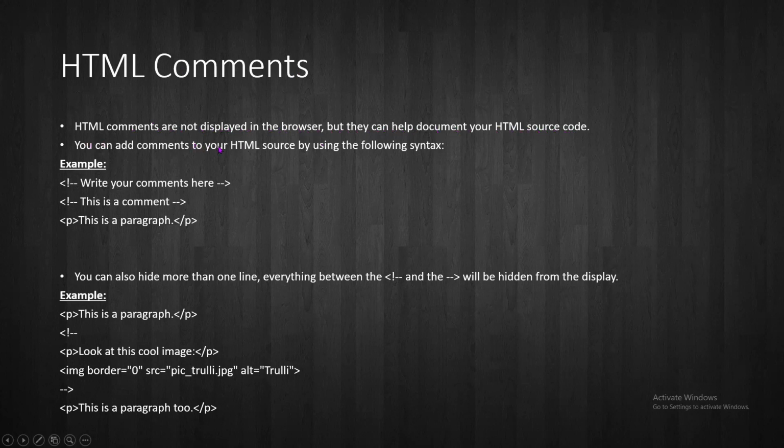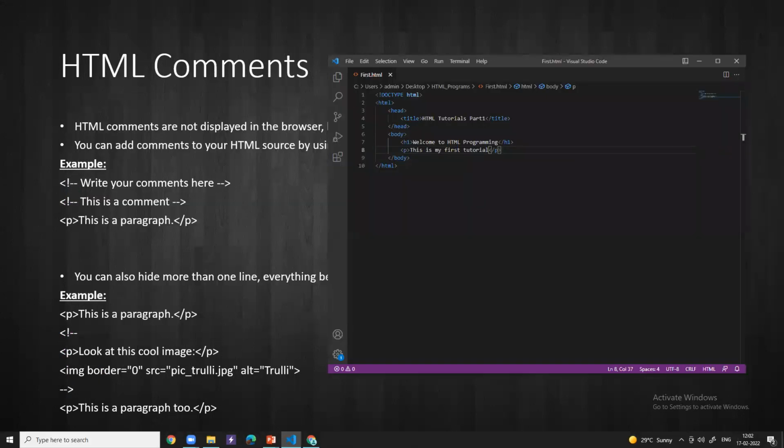You can add comments to your HTML source code by using the less than and greater than symbols. Whatever comments you want, you can write. If you have multi-line comments, those you can also write like this. Whatever you put inside this won't display in the browser. Let's see how to add the comments also.